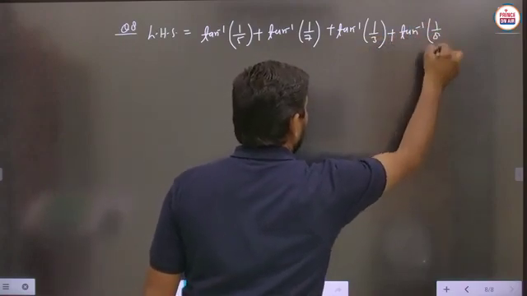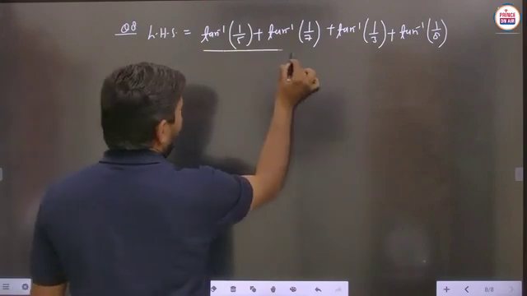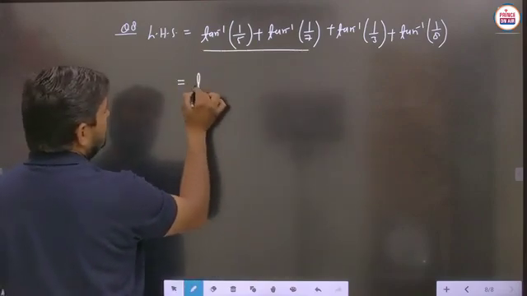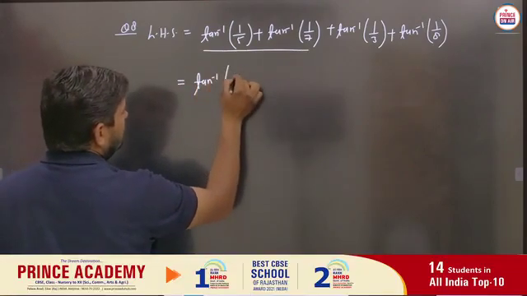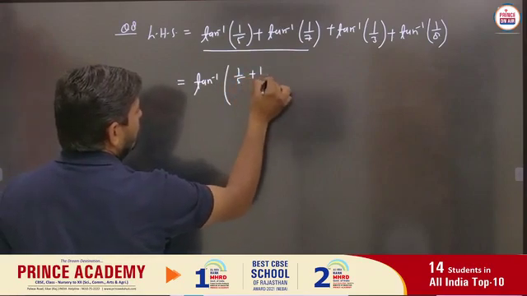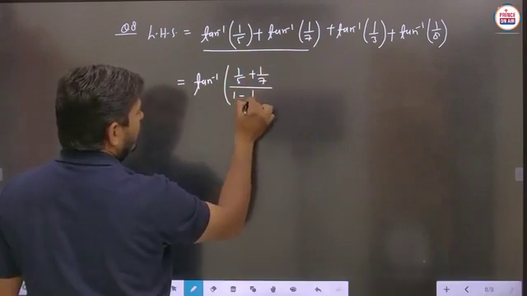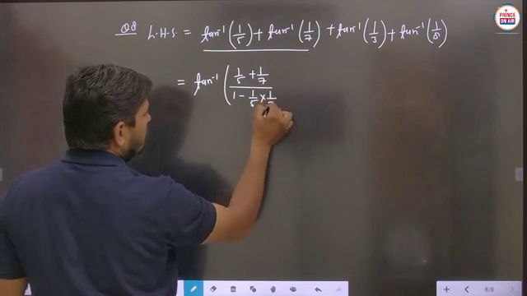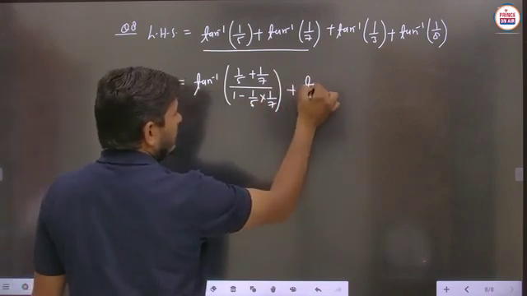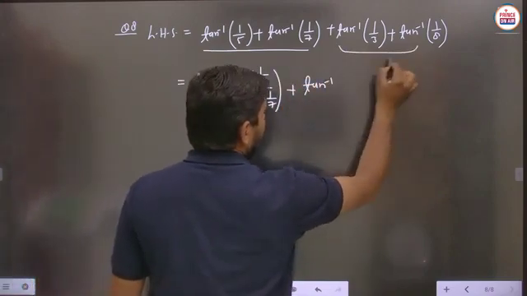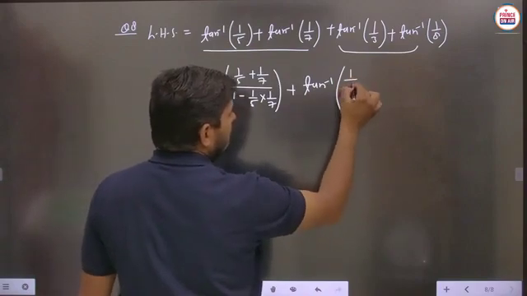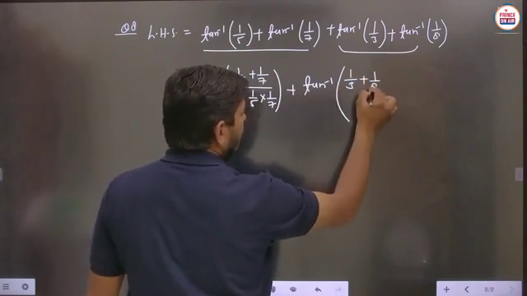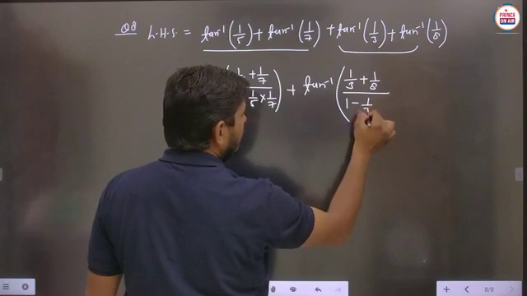So we take 2 parts at a time when we use the formula of tan inverse x plus tan inverse y, that is tan inverse of x plus y upon 1 minus xy. Is it clear? Similarly, in the remaining 2 parts we can use the formula tan inverse of x plus y upon 1 minus xy.